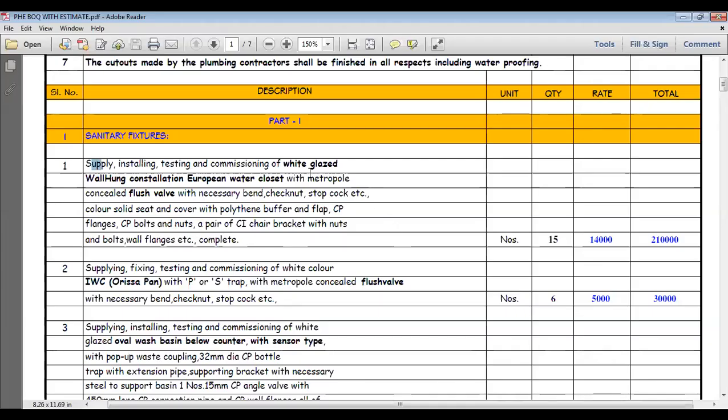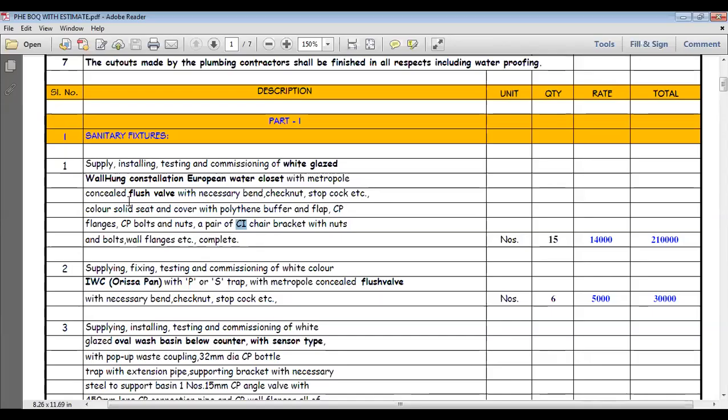So for mounting and fixing of the wall hung European water closet, whatever things they have to put, everything we have included. CP means chrome plated, and CI means cast iron bracket for fixing the wall hung closet with nuts and bolts.